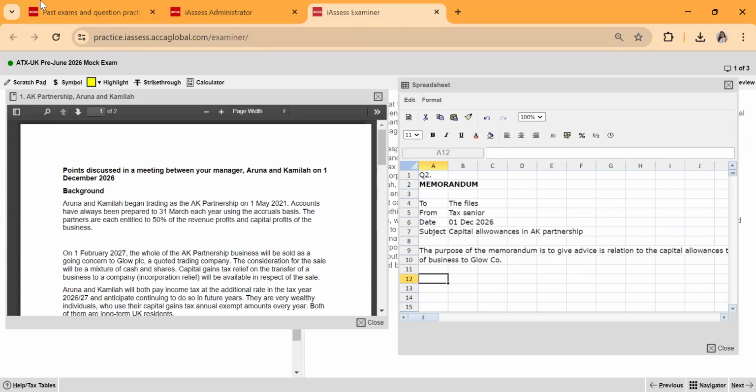This you will write. Then the next part of the question also talks about the calculation: show how you will present the capital allowances, how your working would be. Because we don't have any data, I will just prepare the pro forma. Working for the calculation of balancing charge or allowance, actually it can be both.